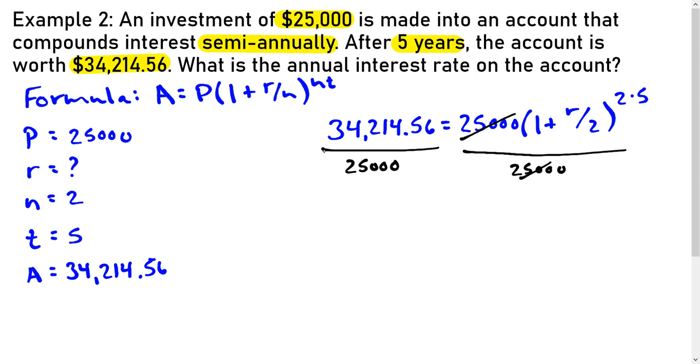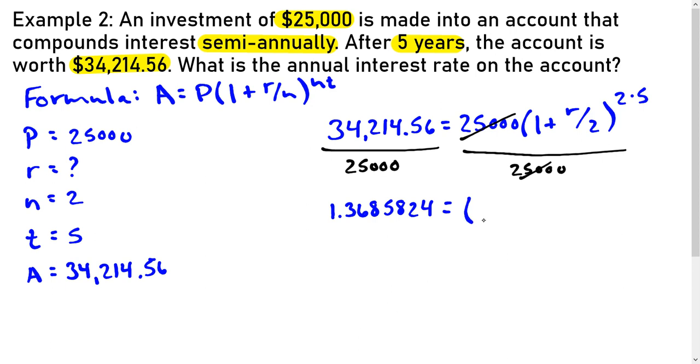Okay, so if you use your calculator and do 34,214.56 divided by 25,000, you're going to get 1.368582, so like 1, 2, 3, 4, 5, 6, 7 decimal places. So a lot, but we kind of want that.